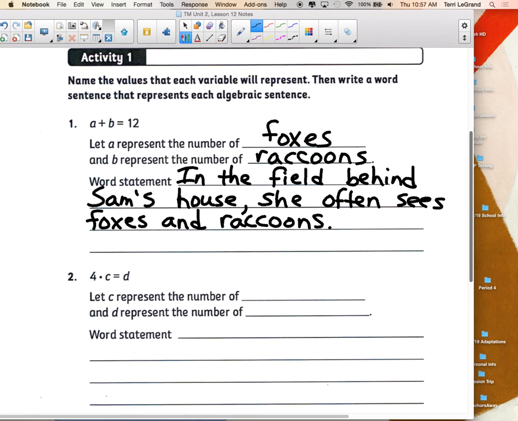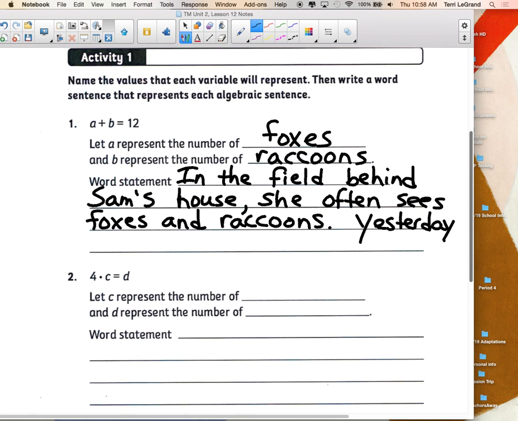Yesterday, what happened? She saw, right here, she saw a total of 12 yesterday.